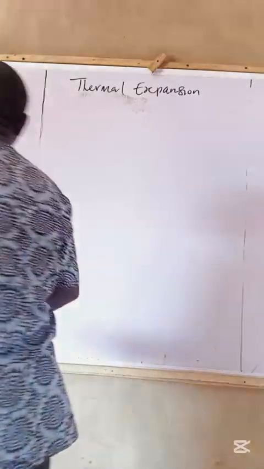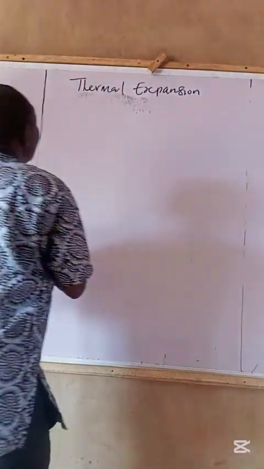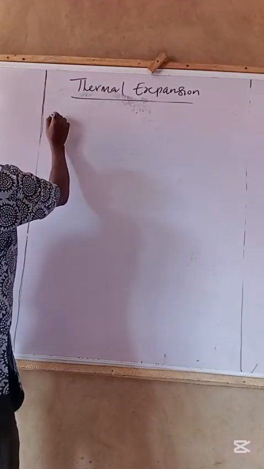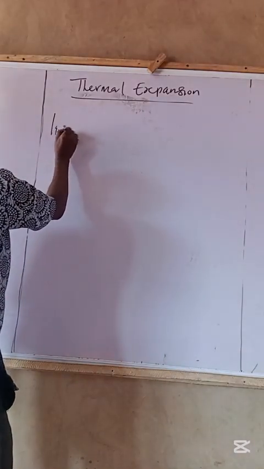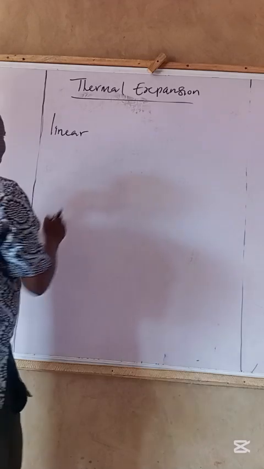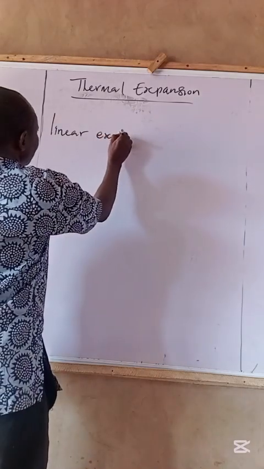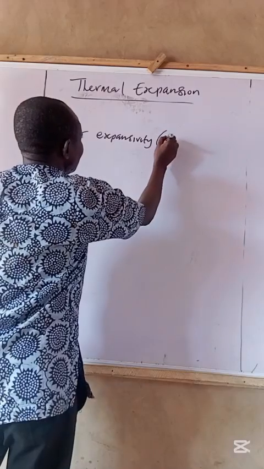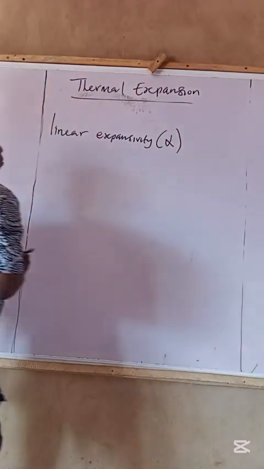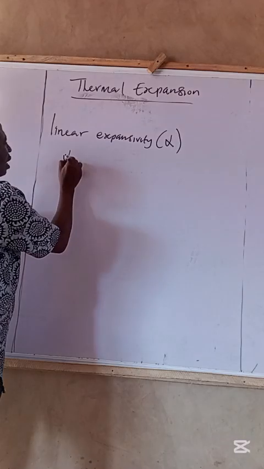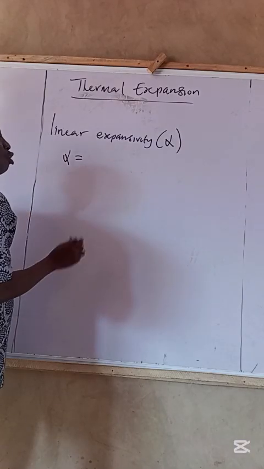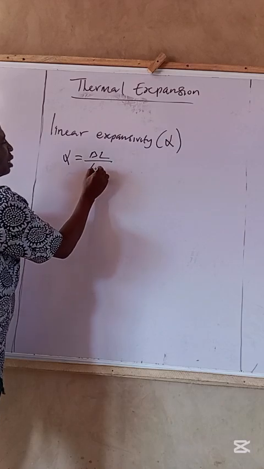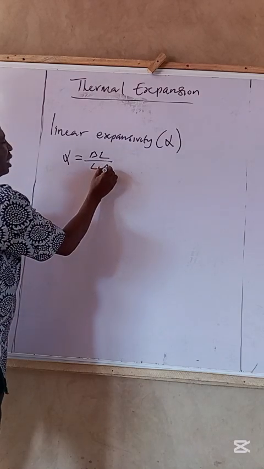So, the first thing is the linear expansivity. Linear expansivity is usually represented by the symbol alpha, which means alpha is equal to change in length over L1 times change in temperature.